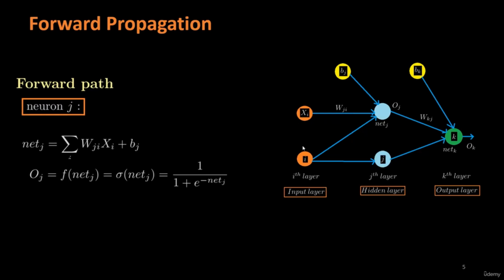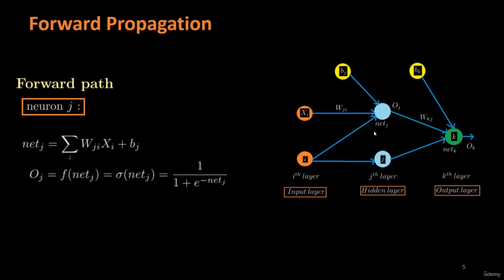Since we have a large number of neurons, or I number of neurons, in the input layer, we have to take the sum over all the I neurons. So this will become input to the neuron, and also there is a bias associated. Therefore the total input to this j neuron will be the sum of the product of all the weights and the features plus the bias.